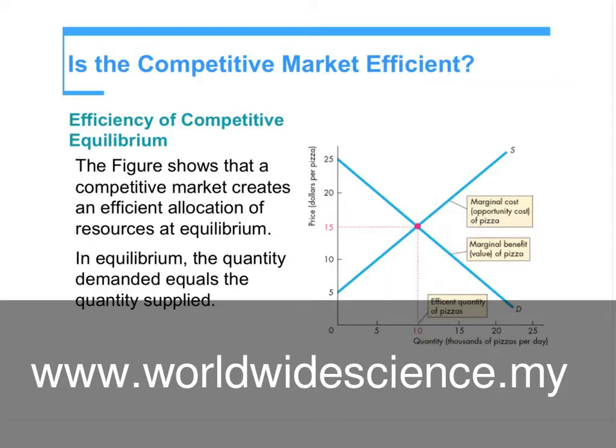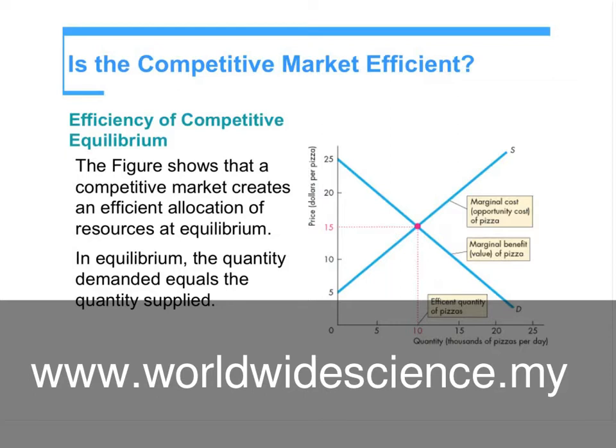So what happens on the left and right hand side of equilibrium? On the left-hand side, marginal benefit equals marginal cost, so the quantity is efficient, right? The sum of consumer and producer surplus is maximized at the efficient level of output.